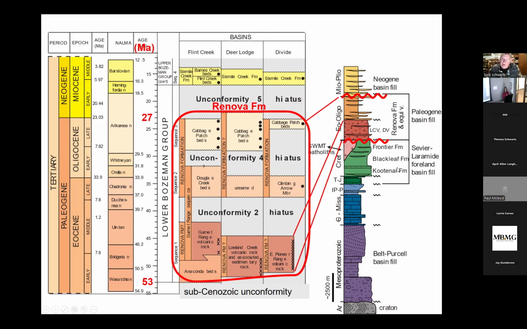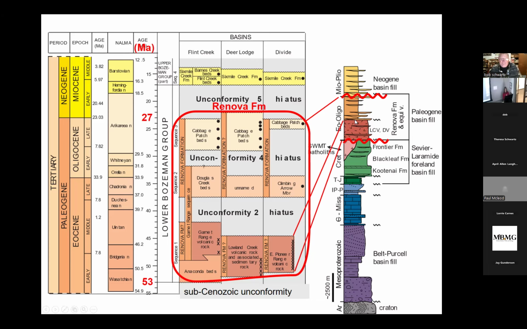Probably the main point in leaving this slide is that it is a stratigraphic package that represents the first time of deposition following contractional tectonics during the Mesozoic and a little bit into the Paleocene.